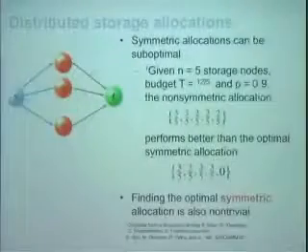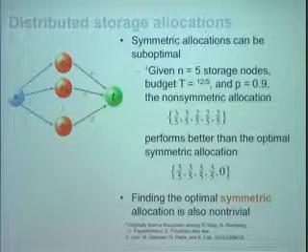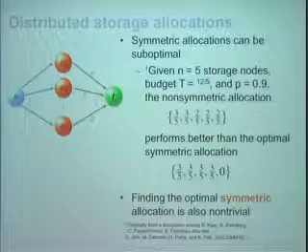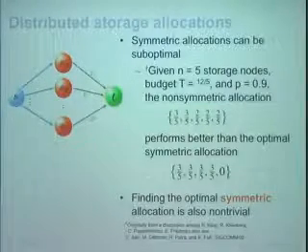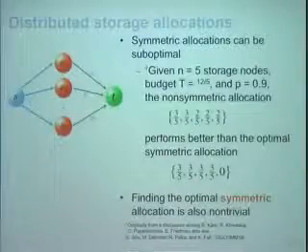If you restrict yourself within symmetric allocations, which means they are all the same or 0, the best symmetric allocation is not to store evenly on all the nodes, but to store evenly on 4 and leave the 5th empty. Why? Because now 2 nodes contain enough information to get 1 unit, whereas if you were spreading evenly over all of them, you would need 3 nodes to get 1.